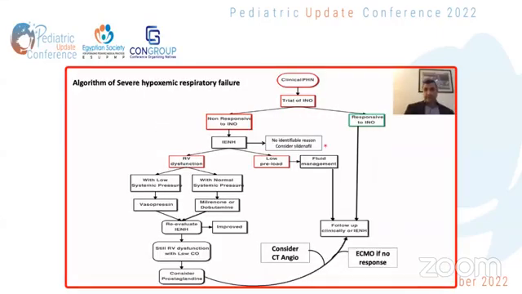The previous straightforward example is related to an infant responsive to inhaled nitric oxide or responsive to pulmonary vasodilator. But if you have a patient not responsive to pulmonary vasodilator, you may consider this algorithm. In this algorithm, you may consider, as I mentioned, the pulmonary vasodilators at the beginning.